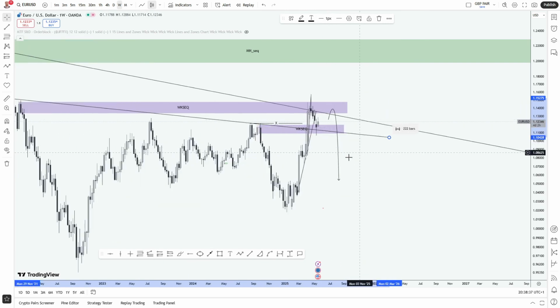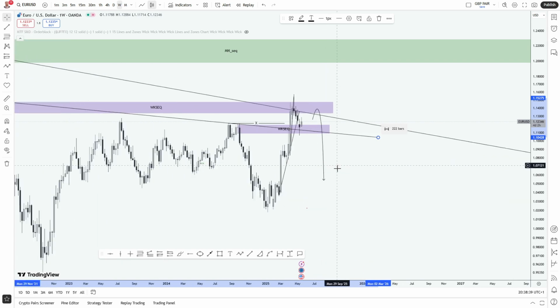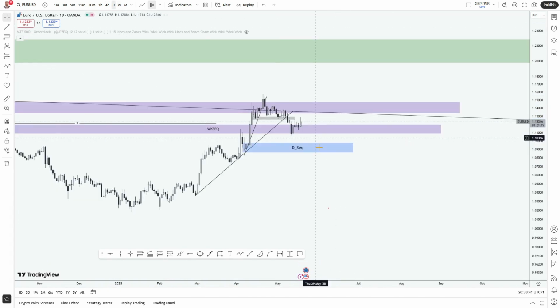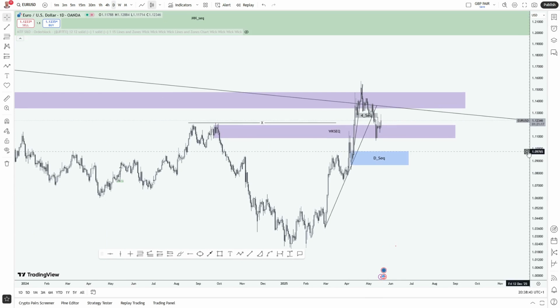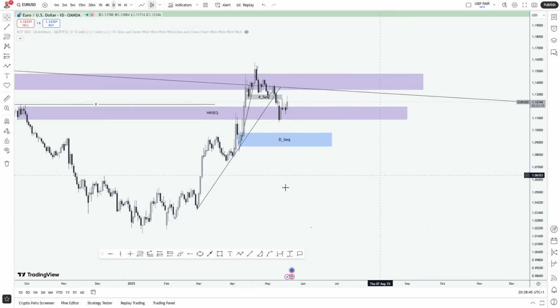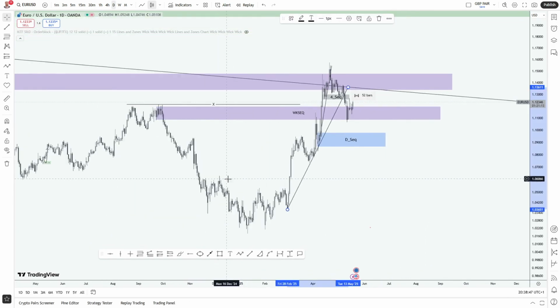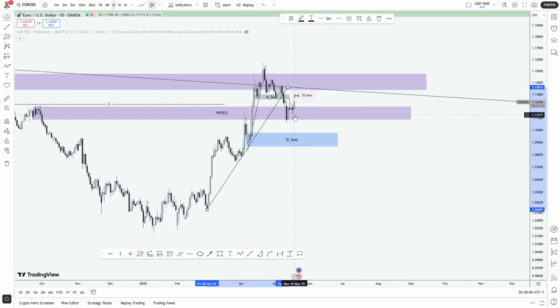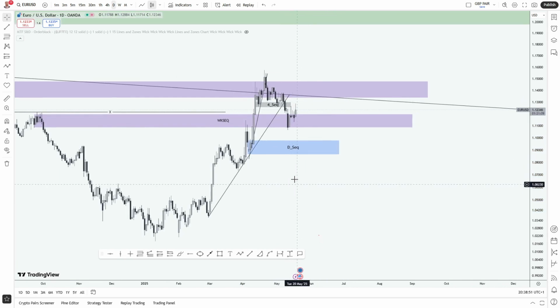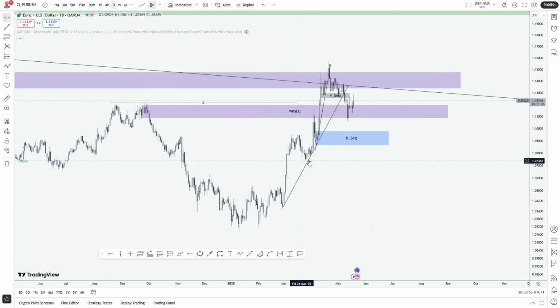Okay, so it has removed this opposing trend line, this momentum trend line, and also taken out an opposing supply zone to the upside. So on the daily, we go down to the daily. You can see that on the daily, price has actually eliminated this momentum trend line to the upside. However, for us to establish that this trend may continue downwards, we have to see price come all the way like this, eliminate this zone right here, and continue before we can establish that it is going to realign with the monthly.